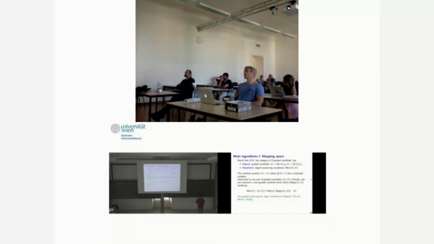I can define a new graded manifold, given a pair of them, that is the mapping space between them. This new graded manifold is defined by this adjunction property, or exponential property, of the mapping space. This exponential property is what allows me to put the M inside or outside, and we will play with these things, decomposing the interval, T[1] of the interval, and try to see why this reduces.